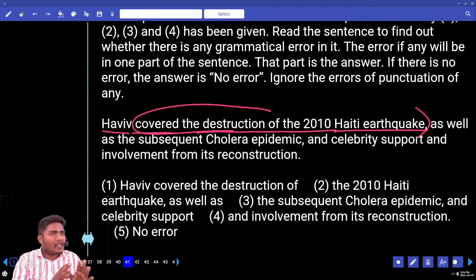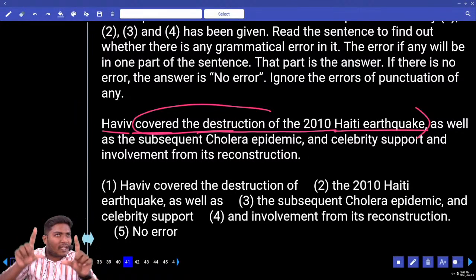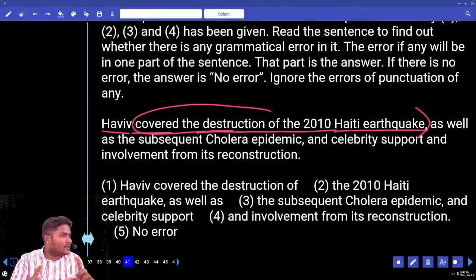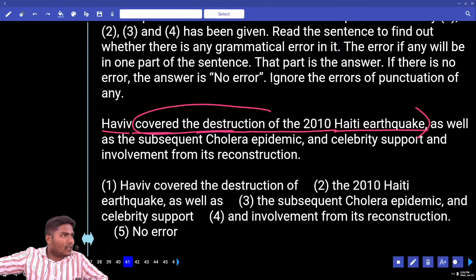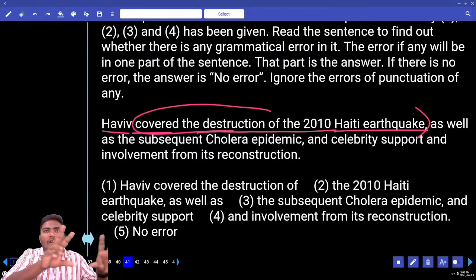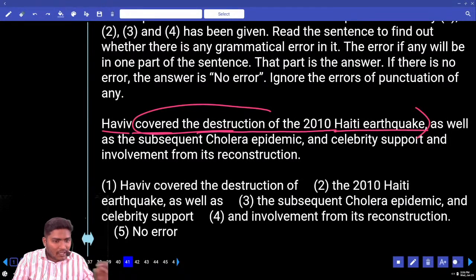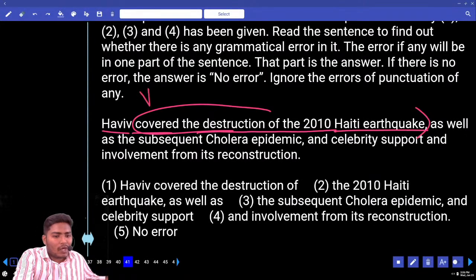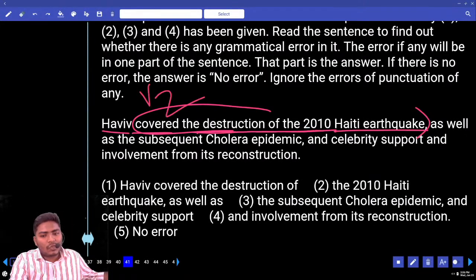He is covering the entire place. Covering the place in the sense that he is not taking any cloth and putting it here. He is only taking the recording of the incidents. So here, Habib is a person who covered the destruction of the 2010 Haiti earthquake. That means he has shot all the incidents that happened there.